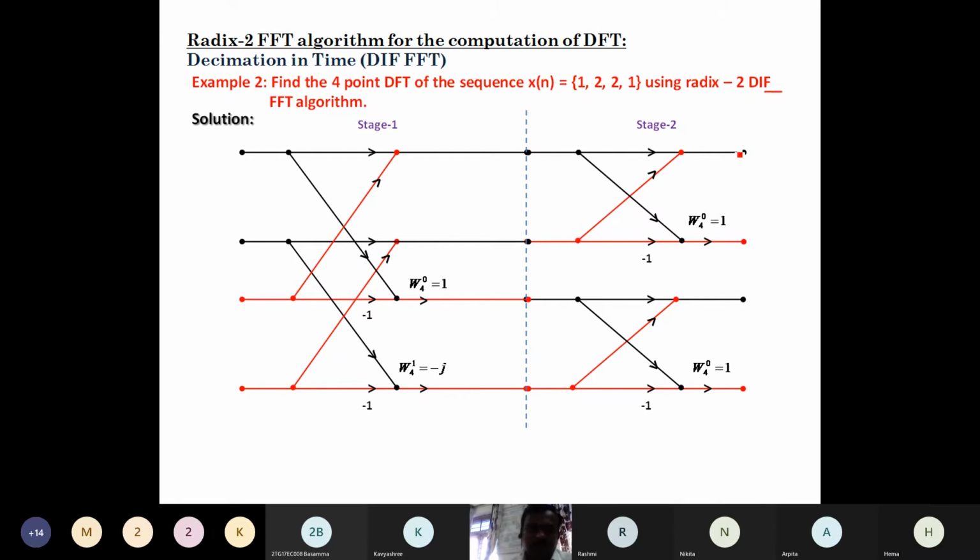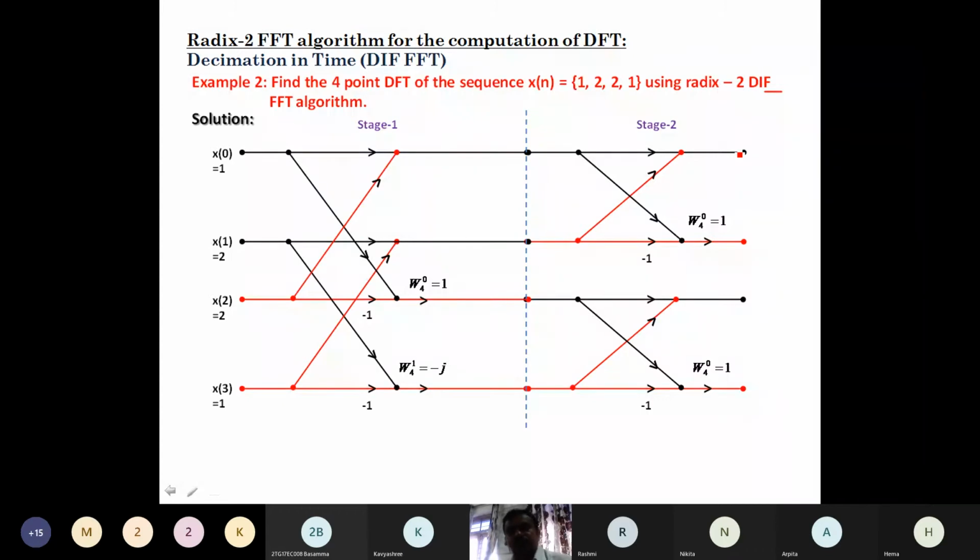So here are stage 1 and stage 2. Go for the input values. As I said, inputs are given in sequential fashion. There are 4 lines: x0, x1, x2 and x3.